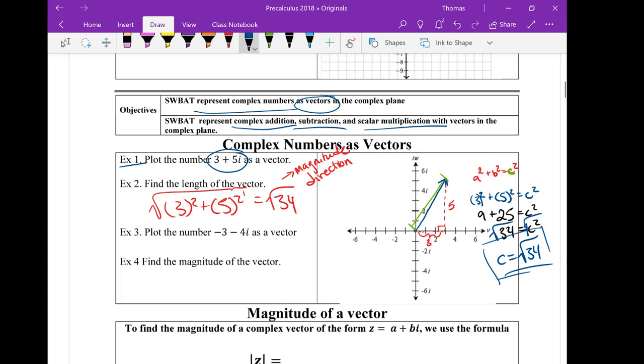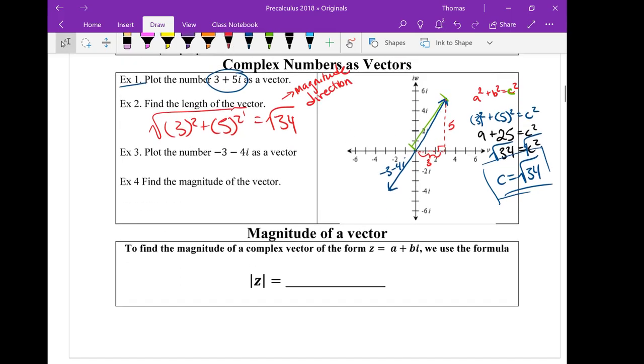Now let's plot negative 3 minus 4i: negative 3 there, minus 4i here. I'm going to label it negative 3 minus 4i. Notice it's just one arrow straight from the origin to the point we want to go to. Now we need to find the magnitude of this vector.